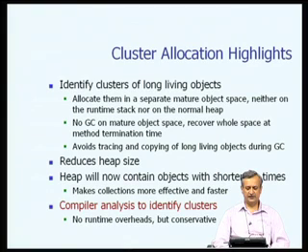No garbage collection on mature object space; recover the whole space at method termination time. You find out all the methods which use this mature object space or a part of it, and once all of them terminate, the last one in that sequence will return that entire area to the memory pool.